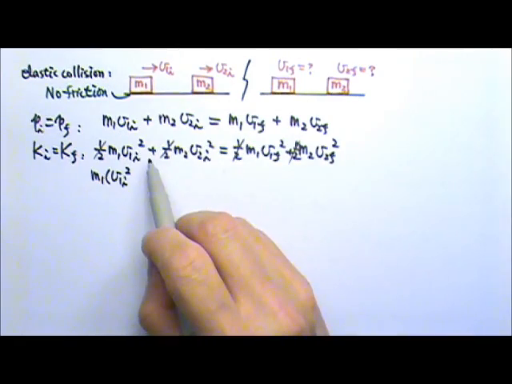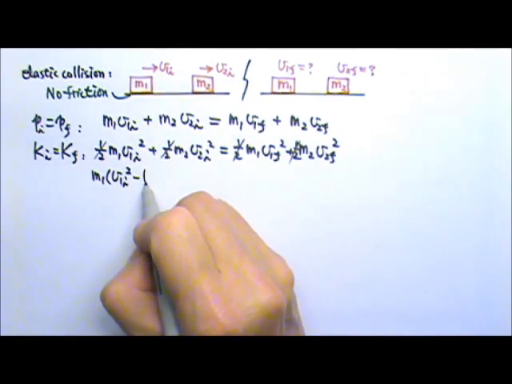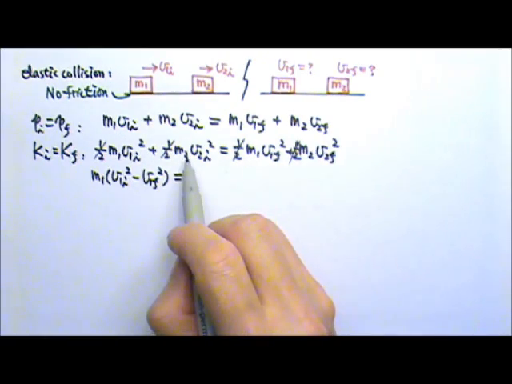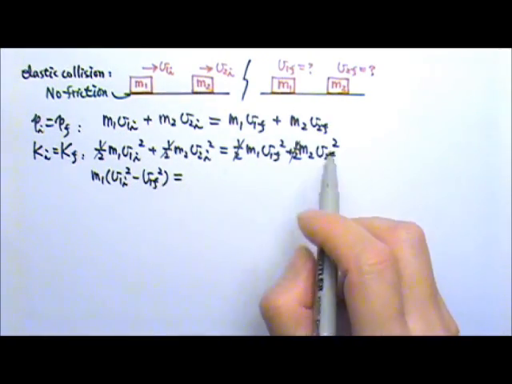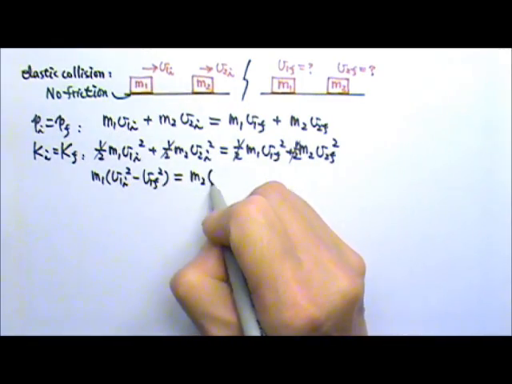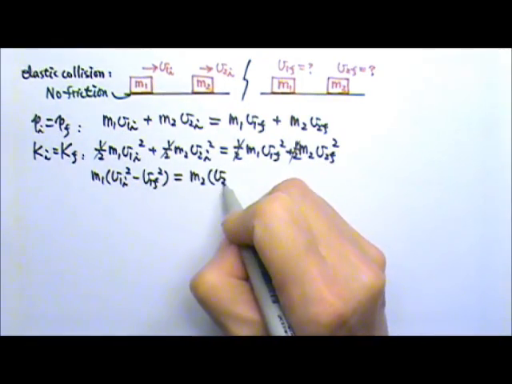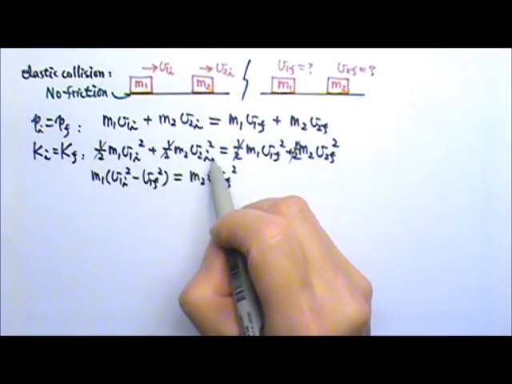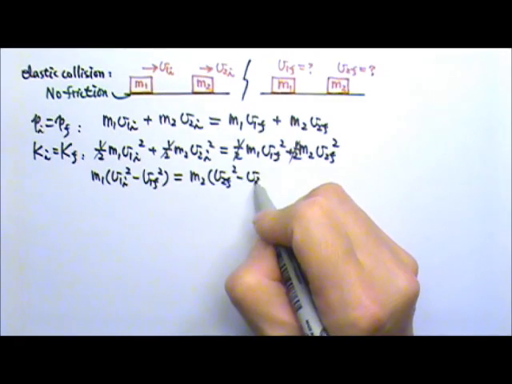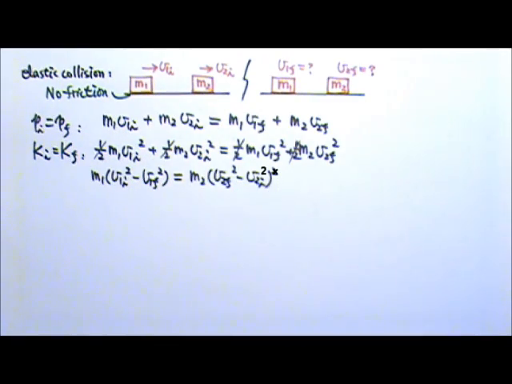That one moved over here is going to become minus v1f squared. And then I'm going to move this term to the right side, and I can factor out the m2. So this will give me v2f squared. When I move this one over, it will be minus v2i squared.